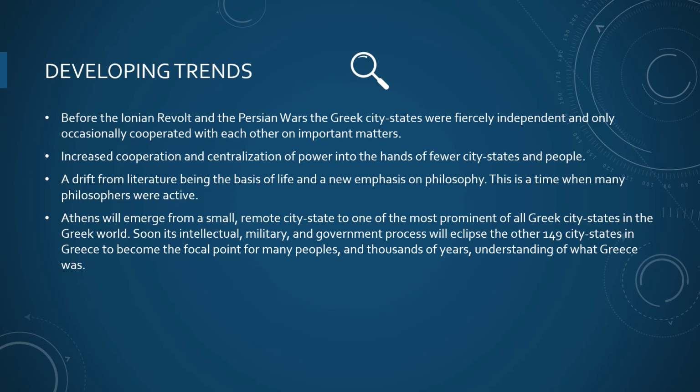We're also going to see in these trends a drift from literature being the basis of life and a new emphasis on philosophy. So the time that we are going to start looking at, again, Persian Wars through Peloponnesian, is a time when there were a lot of philosophers active. It wasn't just Socrates or Plato. They were the majors, but really when you get into it, there were others like Anaxagoras and Zeno, and a couple of others who were more local and more fundamental to the society.